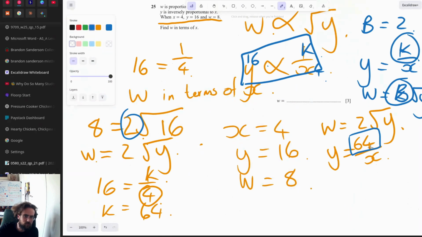So we know now that 16 is equal to k over x, and 16 is equal to 64 over 4. So then y is equal to 64 over x.